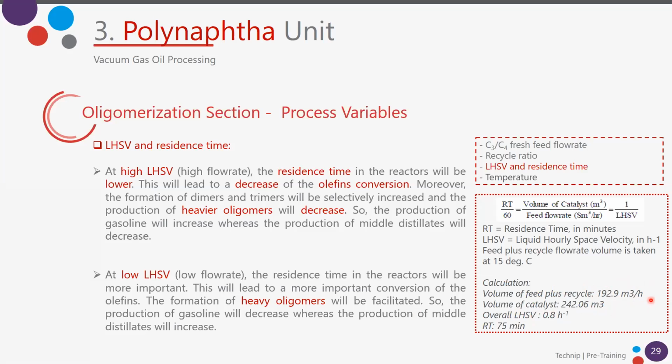So we have this total amount entering the reactors, and we have the total catalyst volume for all the reactors. So we have calculated here the liquid hourly space velocity and residence time.